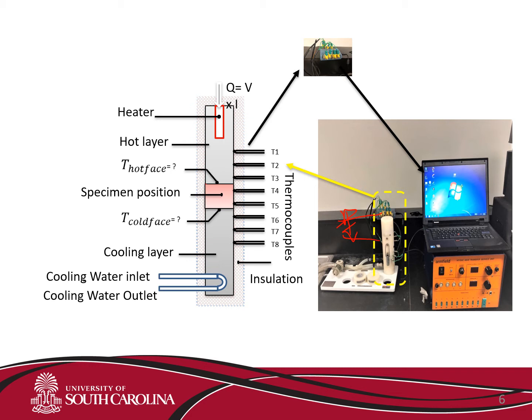The bottom we call the cooling layer, where the cooling water goes in and out to cool the system. Make sure the water is going into the system and then out of the system. We need to make sure of this, because otherwise, if you shut off the water, the system will burn out, maybe in about 1 hour. This in the figure is the cooling water.